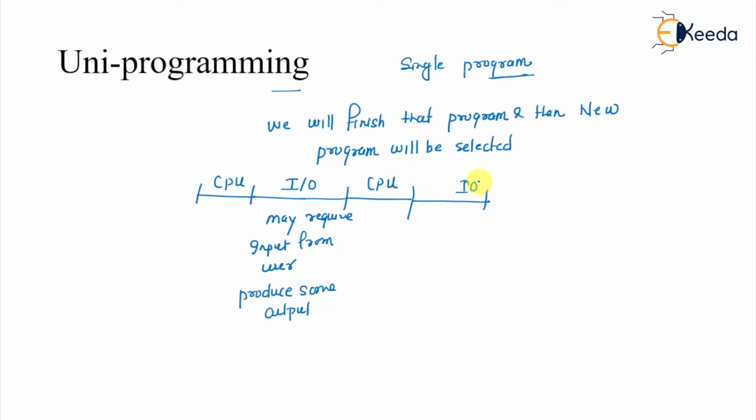This is the cycle a process follows. The event is something the process is waiting for, and the major event is an input output operation, something expected from the user or producing output on the terminal.